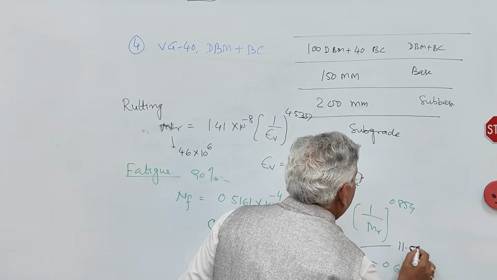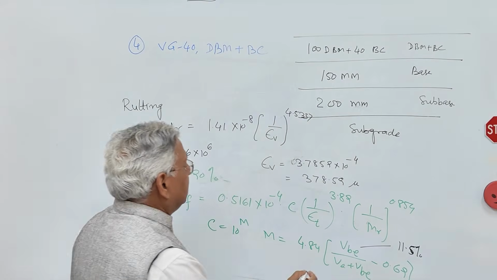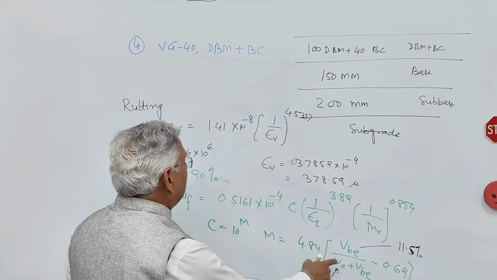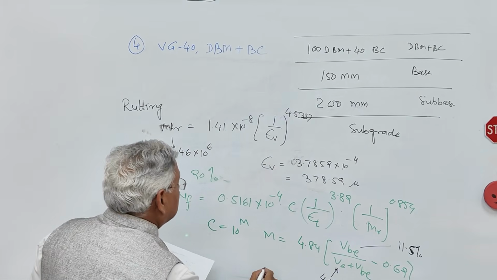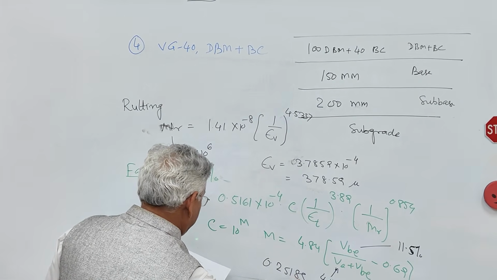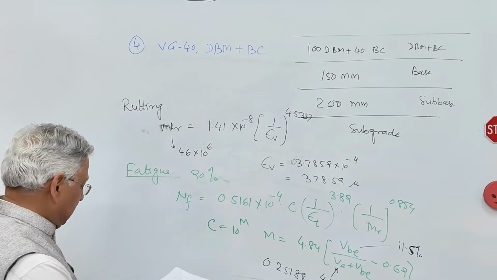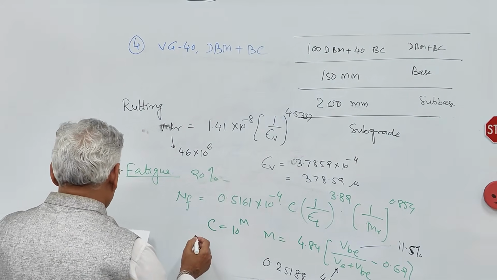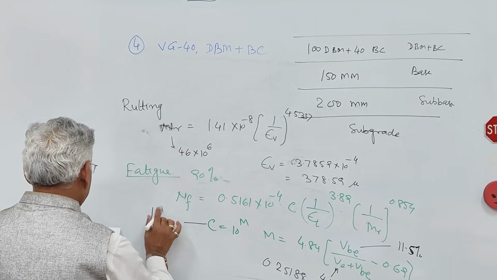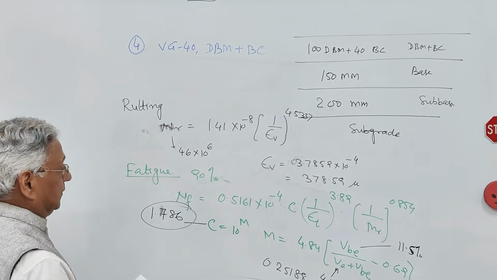And because you are providing a single layer of DBM, there is no binder course, so you can take air voids as 4%, and if you calculate, this value of M is 0.25188, and when you put this value of M into this equation, C will be 1.786. Now this is the value of C.